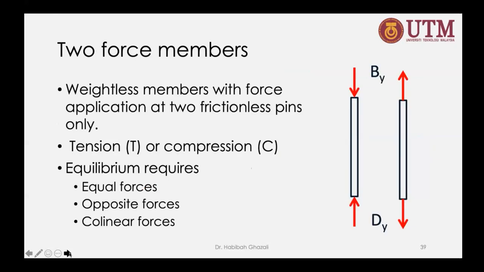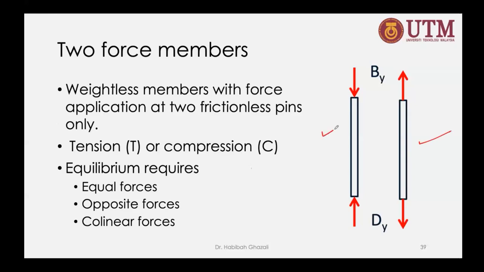Alright, so a 2-force member is a weightless member with force application at 2 frictionless pins. So it can be in tension or it can be in compression. If in your calculation, the force applied to that member is going to stretch it, like what you can see here, it is in tension.